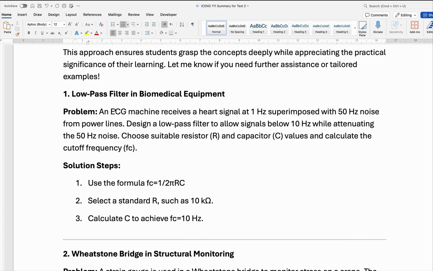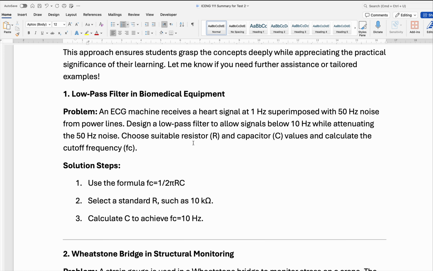Let's take an example. An ECG machine receives a heart signal at 1 hertz, superimposed with 50 hertz noise from the power lines. Design a low pass filter. So now you're going to design that low pass filter to allow 10 hertz to pass while attenuating the 50 hertz noise. Choose suitable resistor and capacitor values and calculate the frequency.